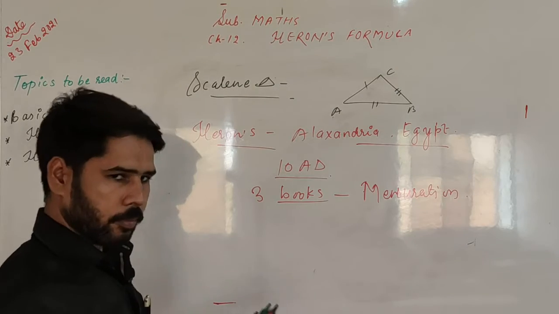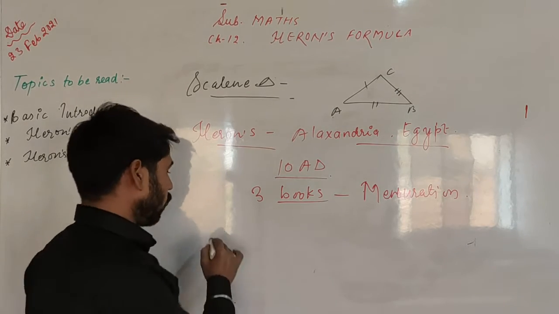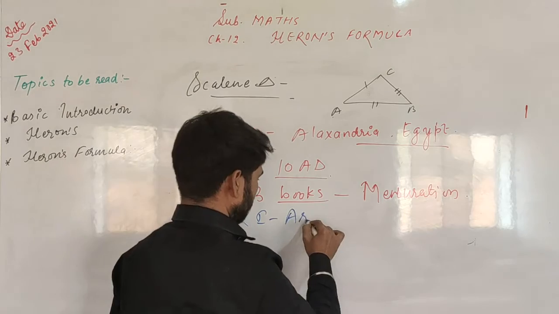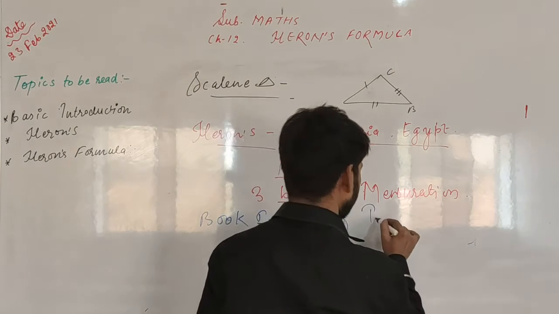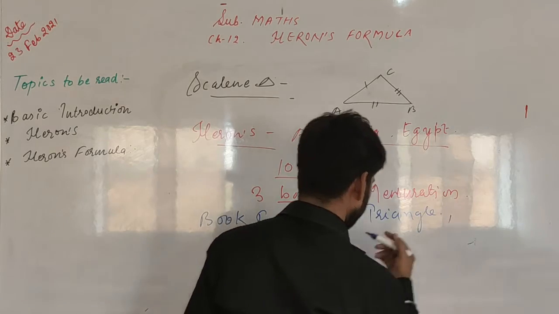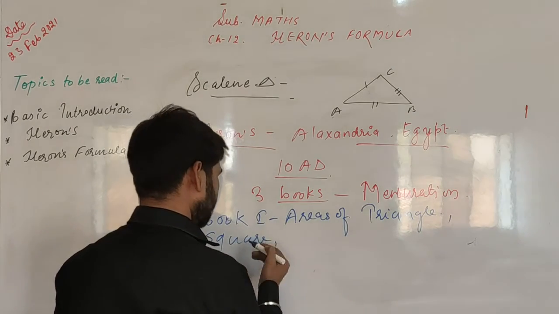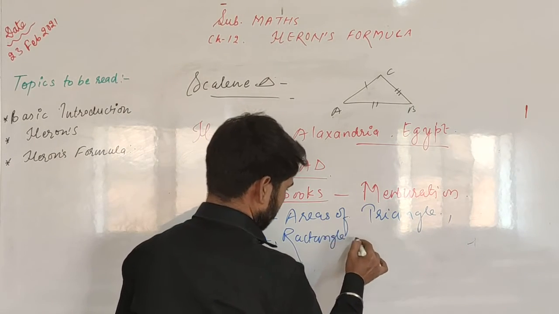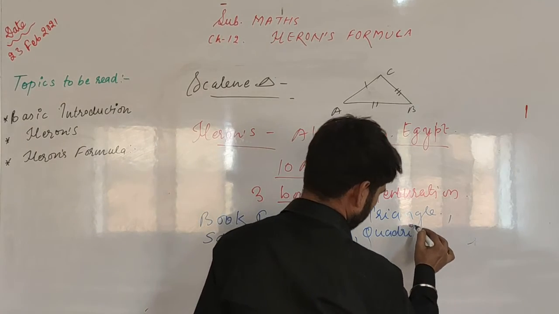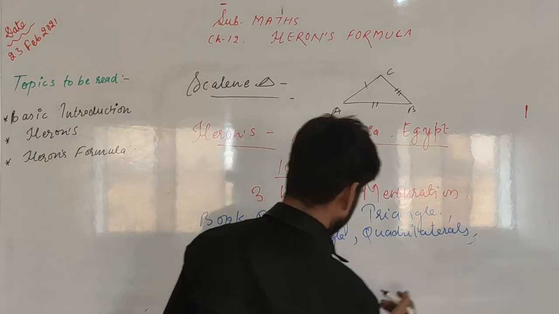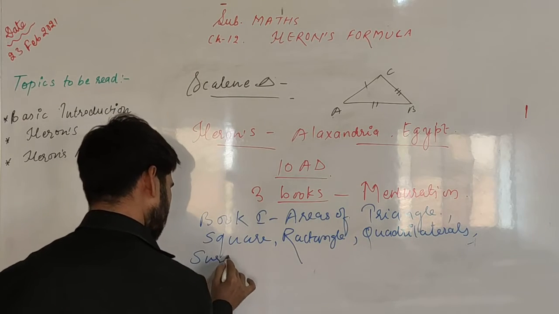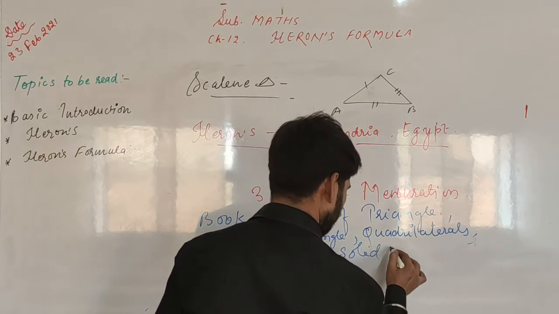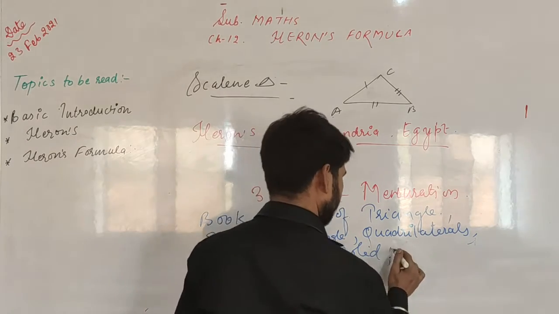He wrote 3 books, of which the first book is based on the areas of triangles, squares, rectangles, quadrilaterals, and surface areas of solid figures.